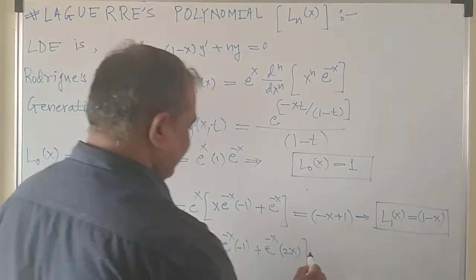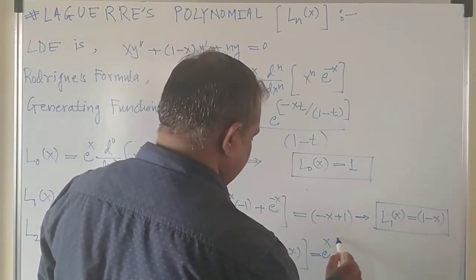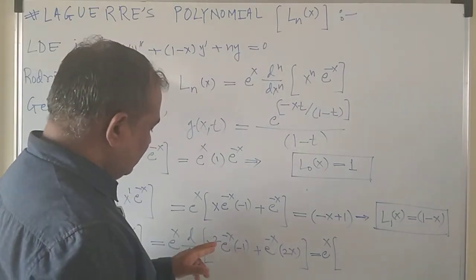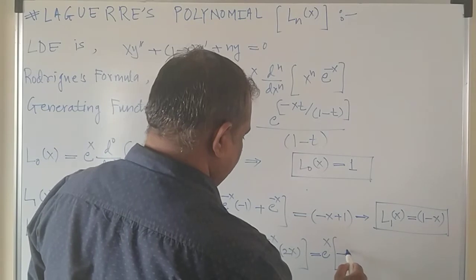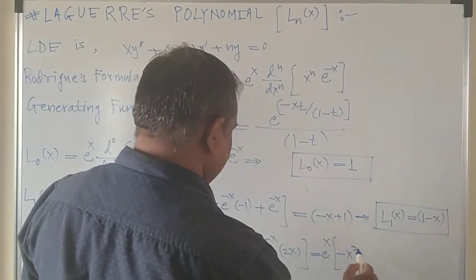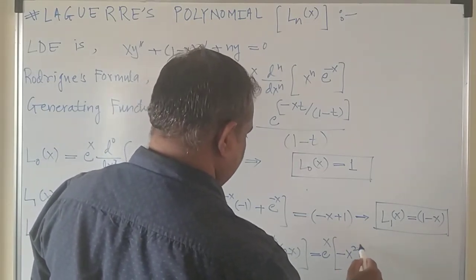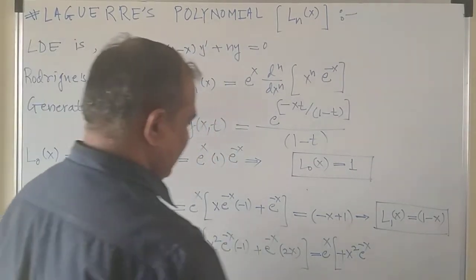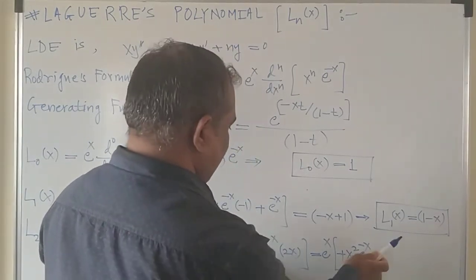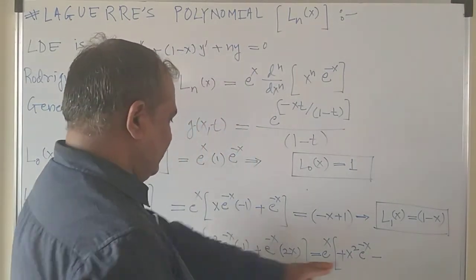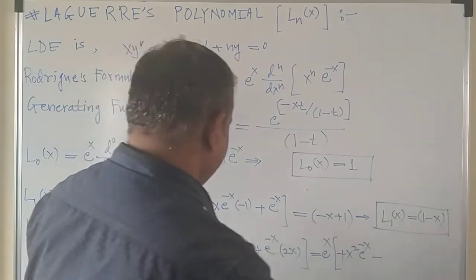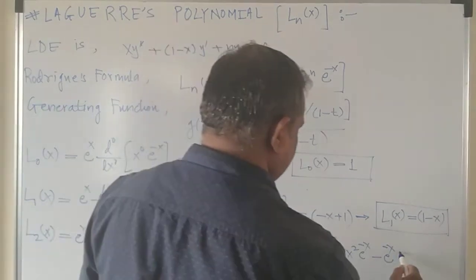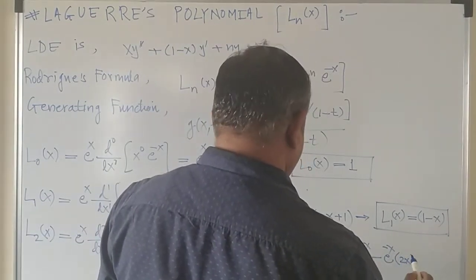So if you again differentiate this with respect to x, what you will get, e raised to x I will keep as it is. This is minus time. So first function into differentiation of second, minus minus will become plus, first function into differentiation of second plus second into differentiation of first is 2x, right?